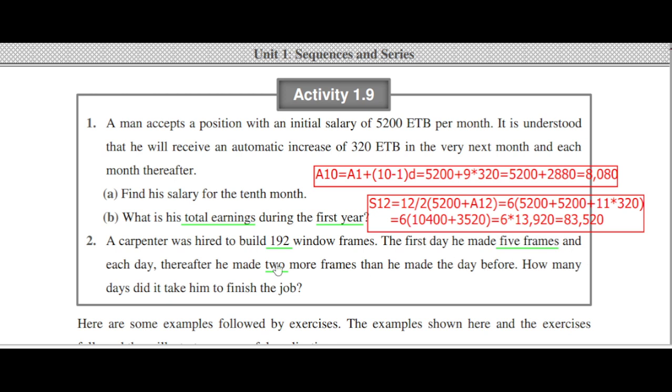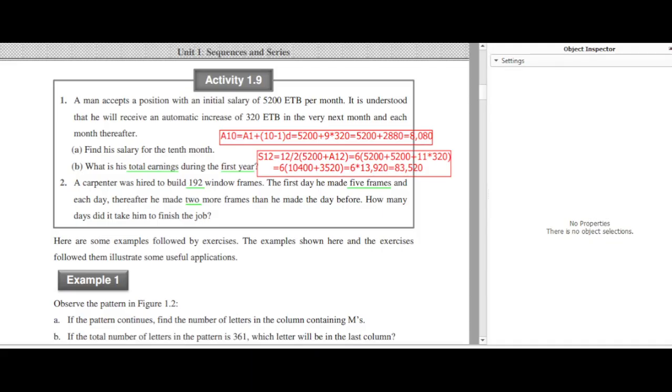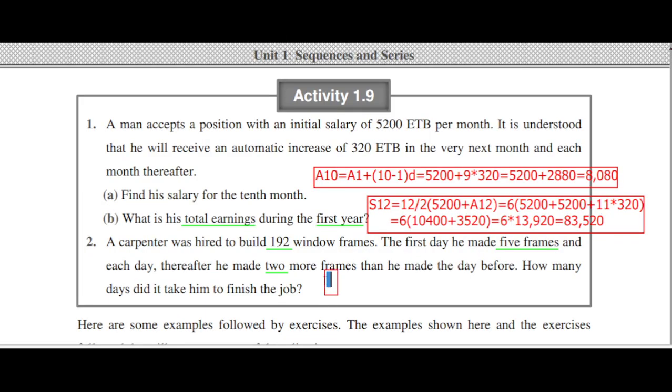Next 5 plus 2 is 7, 7 plus 2 is 9, and so on. This is Sn. Let's use this formula: Sn is equal to n over 2 in bracket a1 plus an.